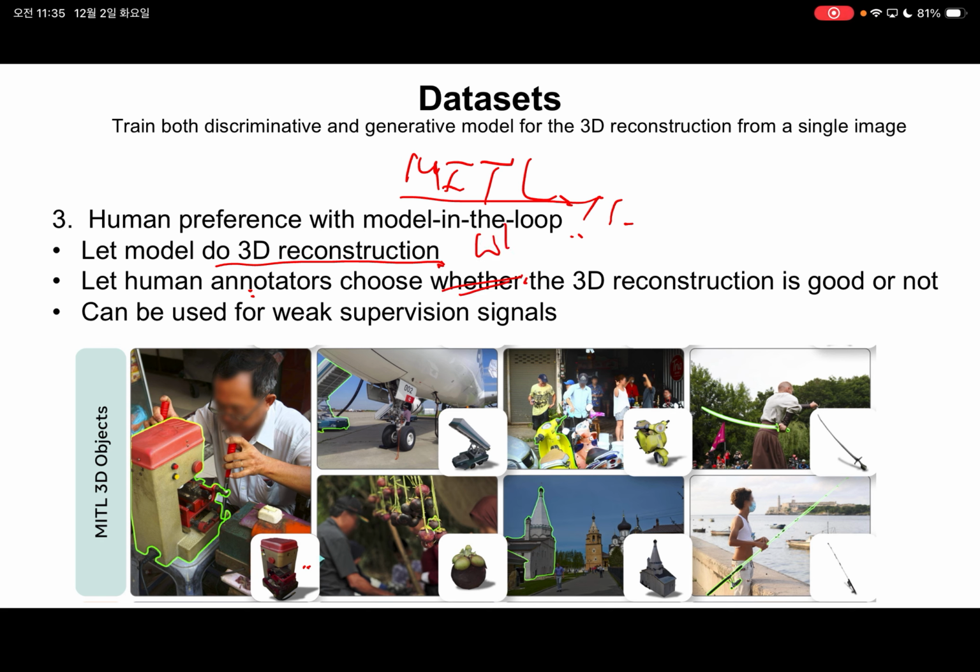We let human annotators choose which reconstruction is good or not.